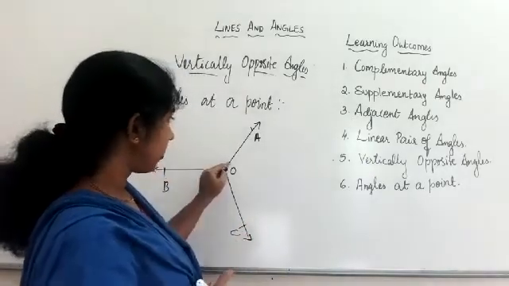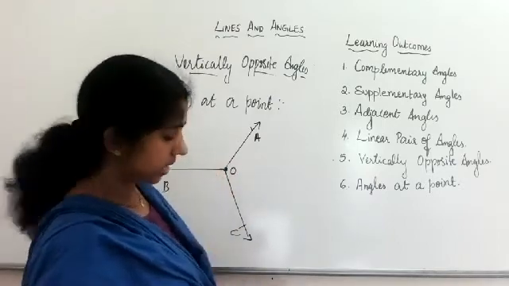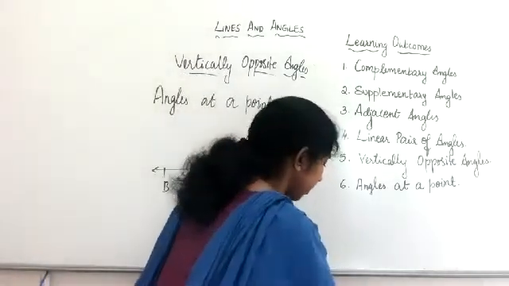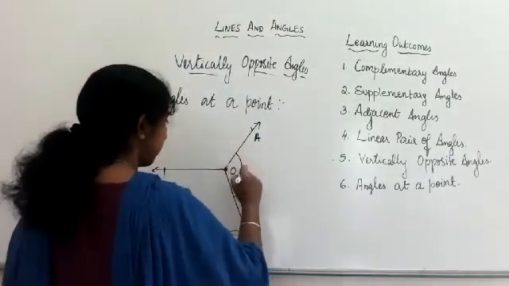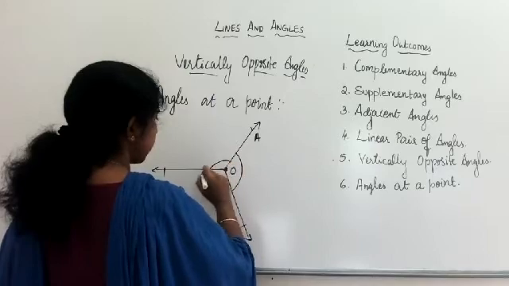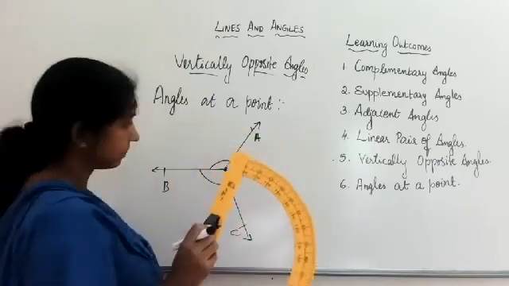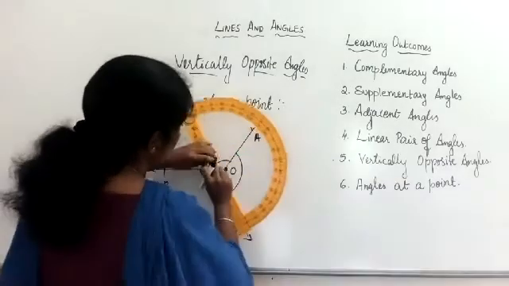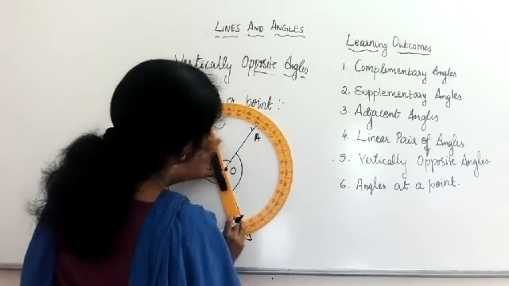Now I want to measure the angles at a point. What is the angle measure? I will need to measure all these angles: this angle, this angle, this angle. We will check that. So this is the protractor. I keep it here and come to the point.